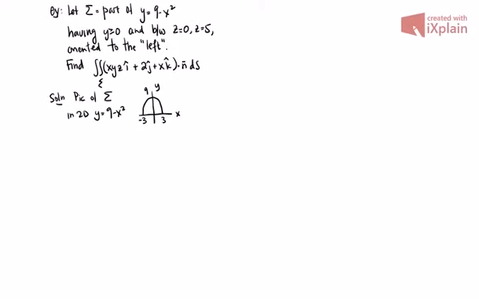So in 3D, the curve that we just drew, this little tiny picture, will look like this. We're between z equals 0 and z equals 5. So it's that surface, that's our sigma.